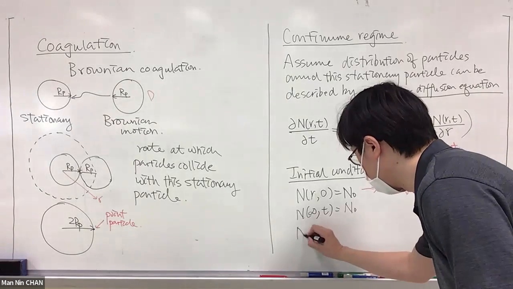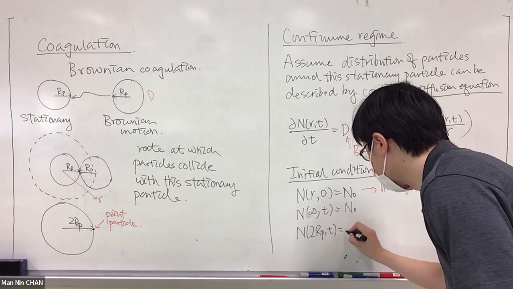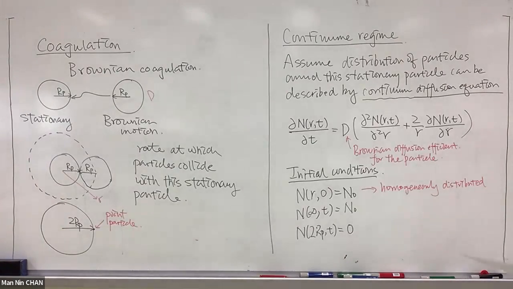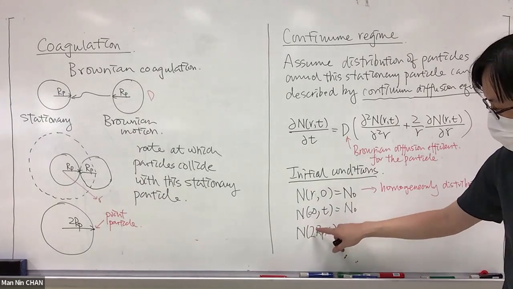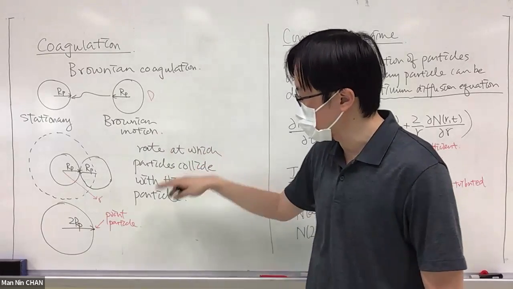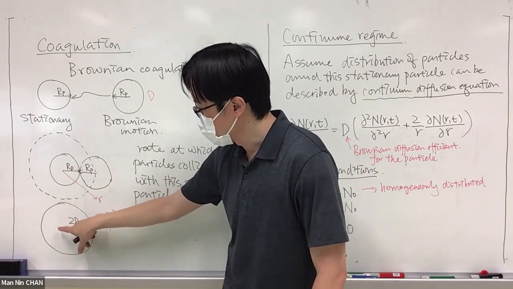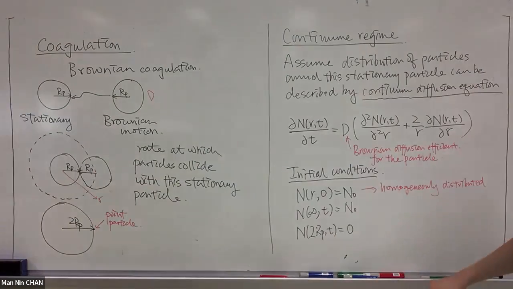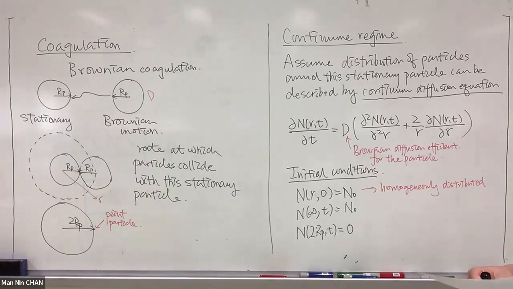There's another condition we can set: the concentration of your particle at R equal to 2Rp. Now we are using mathematics to calculate this collision. Let's say you have a particle. When you have this 2Rp, that means a collision happens, and then you remove the particle.